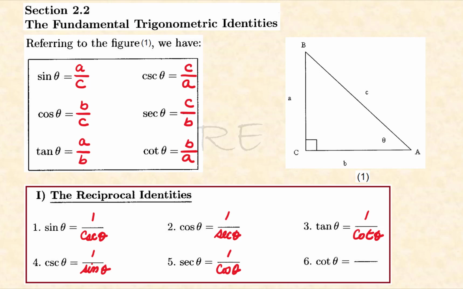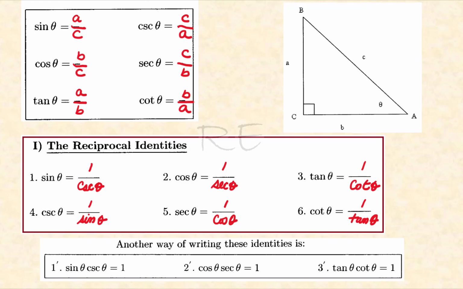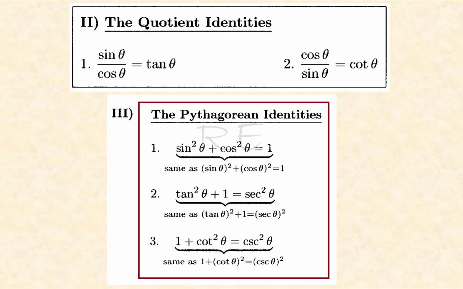Secant theta is 1 over cosine theta. And cotangent theta is 1 over tangent theta. And when we multiply a number by its reciprocal, we get 1. Therefore, sine theta times cosecant theta is equal to 1.